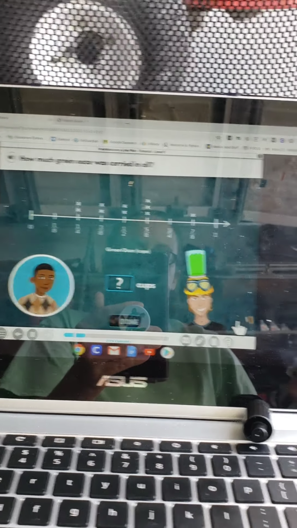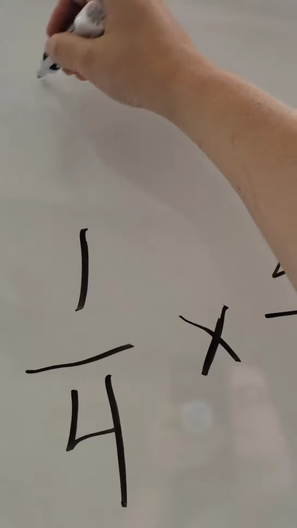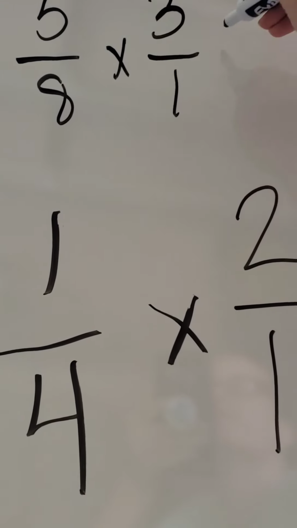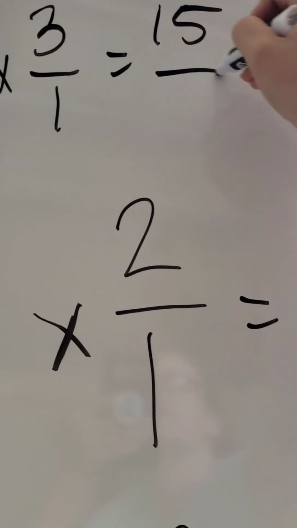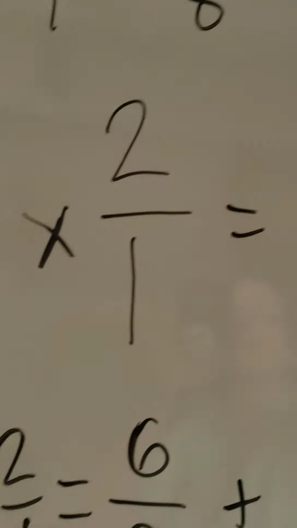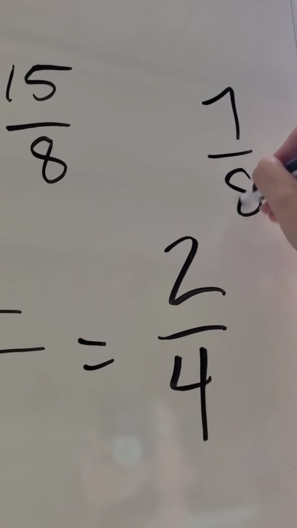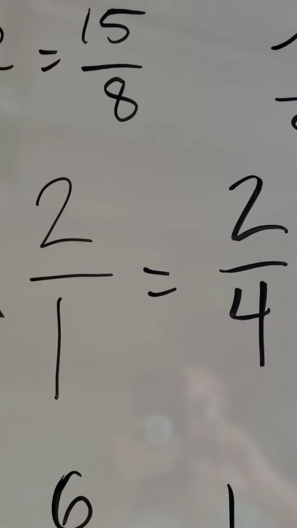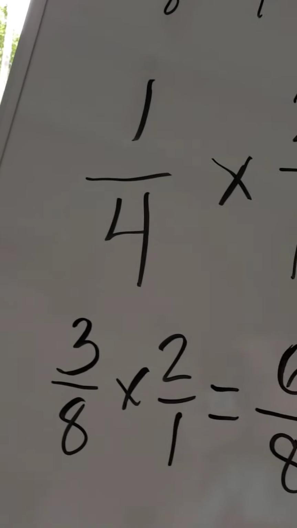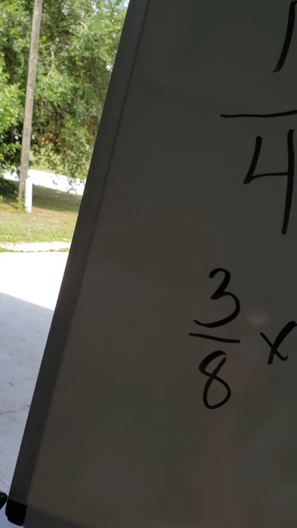We have 3 that carried 5/8. We're going to leave it like that for right now. And we have 1 that carried 7/8. Okay, so I'm going to organize this a little better so that I can add them all.